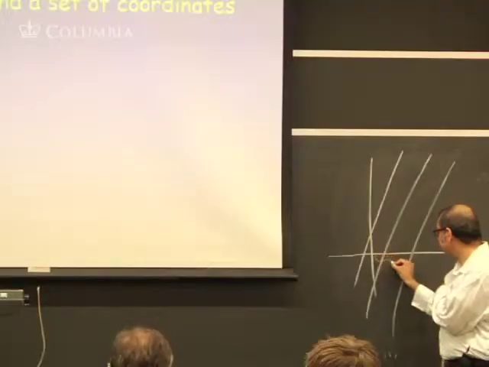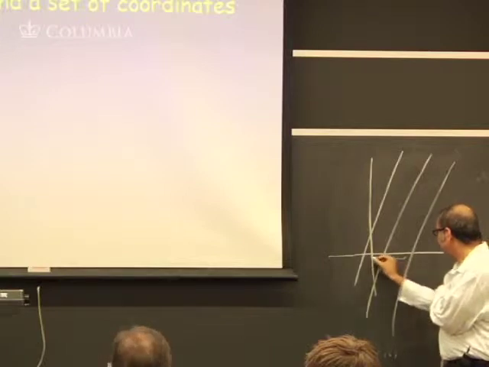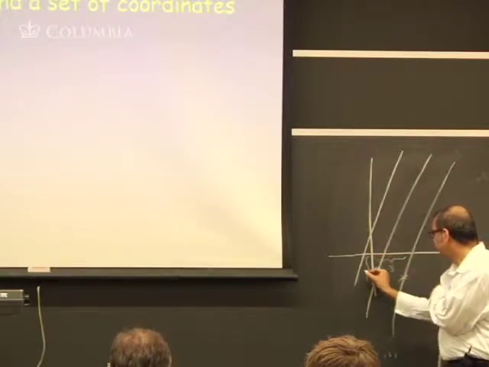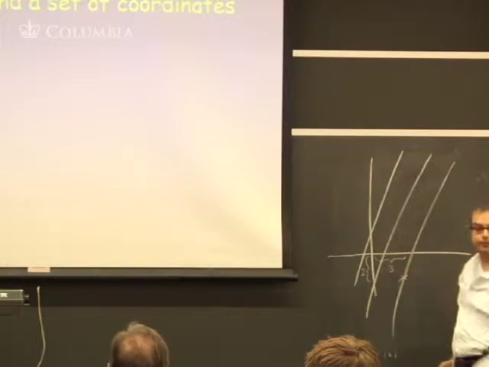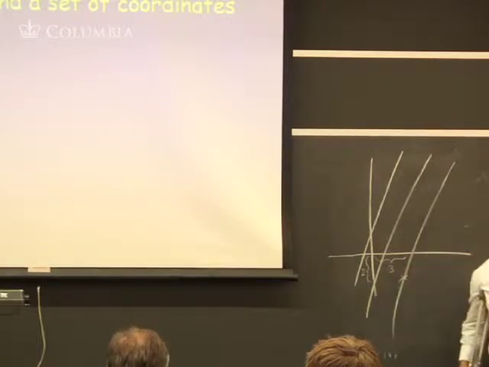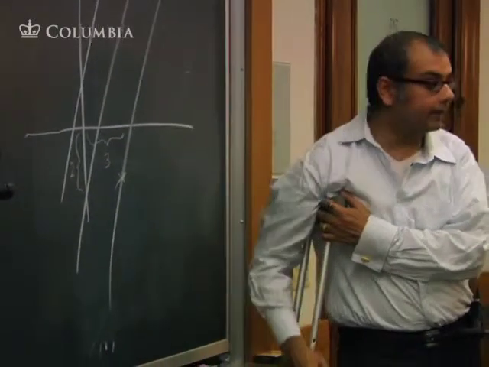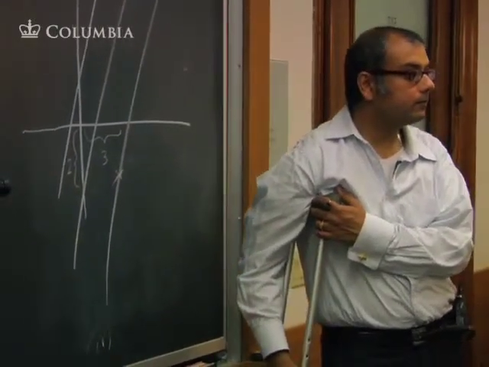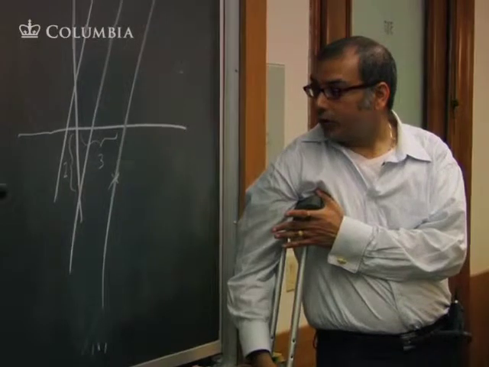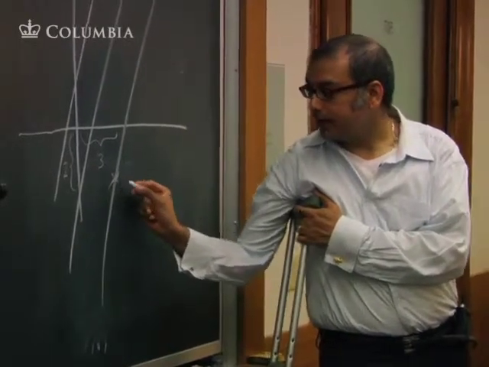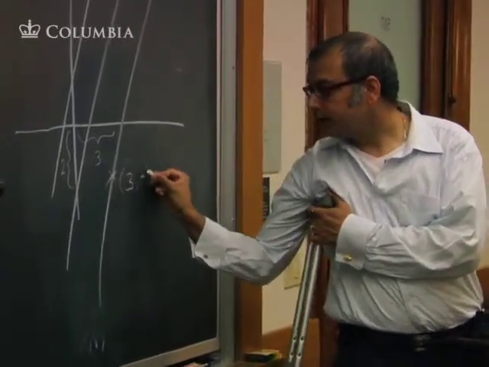Okay, so let's say this is 3 and this is 2. So we're really looking for a line like this. So I know that this is (3, -2).